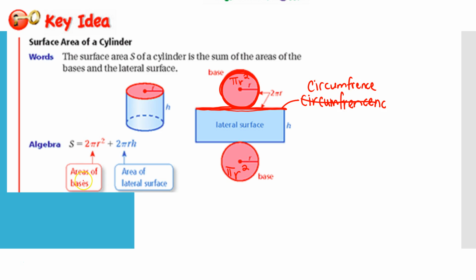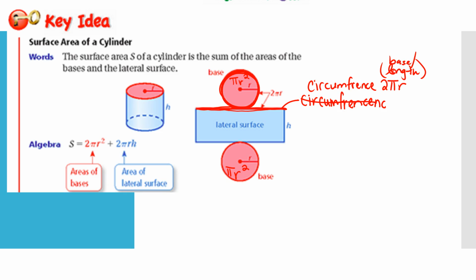That's the bases. Each base is pi r squared, and there's two of them. Now, 2 pi r basically is the length, or the base of our rectangle.